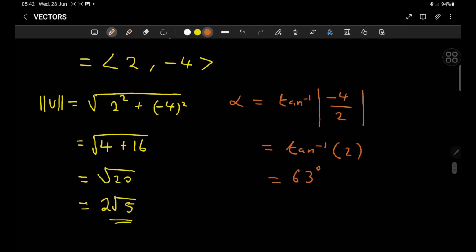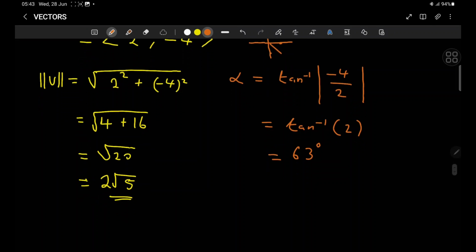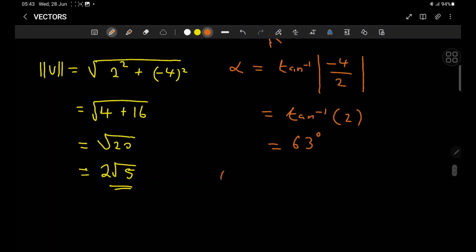So we look at which quadrant our diagram is falling in. We find that our x is positive and our y is negative. So it's in the third quadrant. So to get our direction theta, since it's in the third quadrant, we say 360 minus 63.